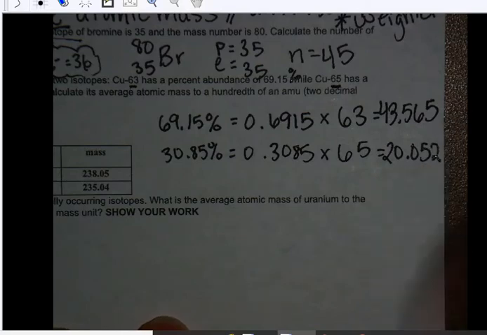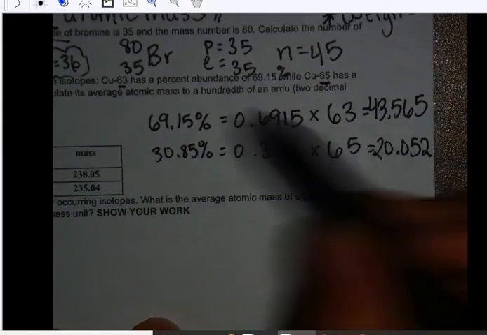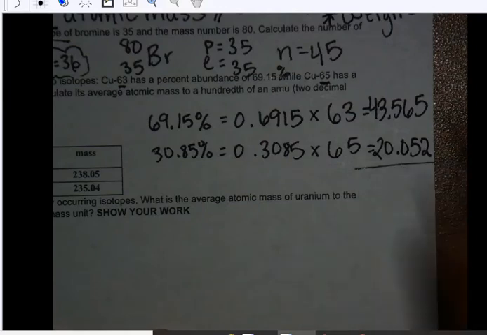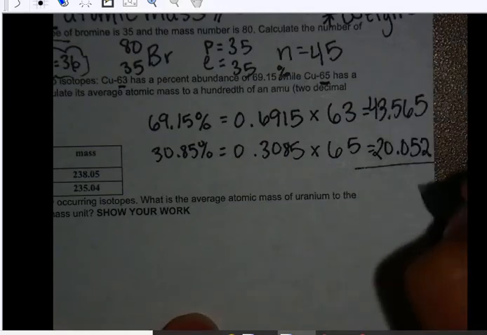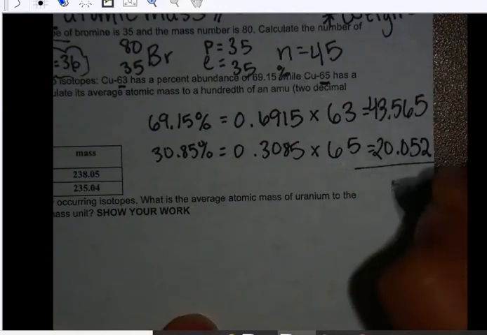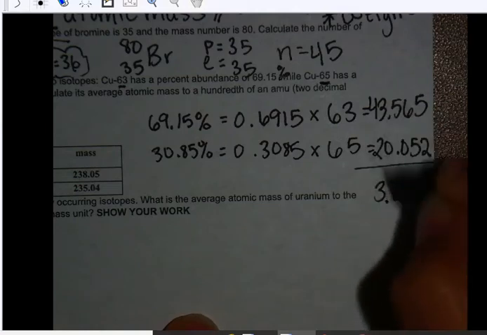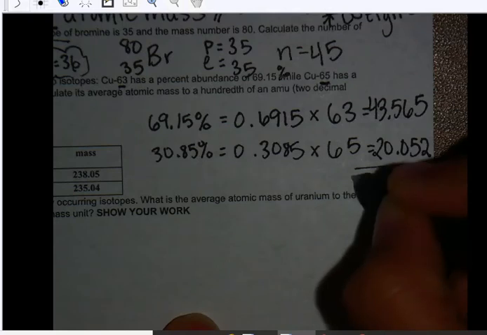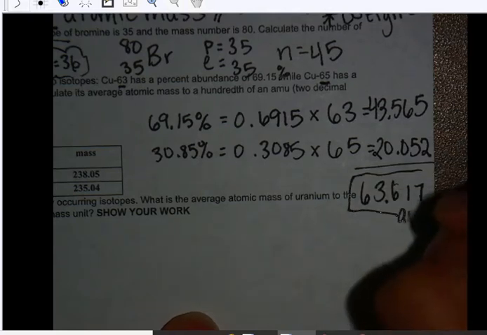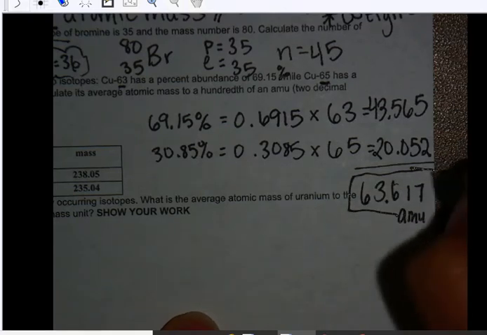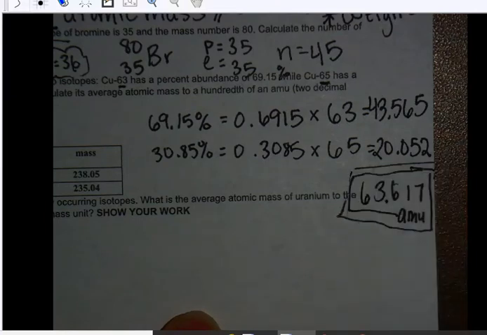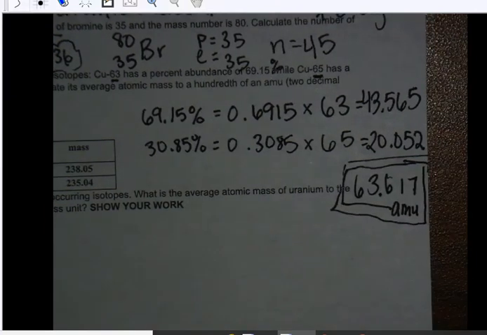Okay, cool. What's the last step? We're adding those two numbers together. We get the answer 63.617, and this is the one where you put AMU, the little decimal version, okay? 63.617.